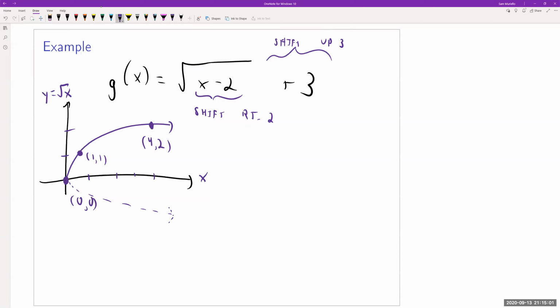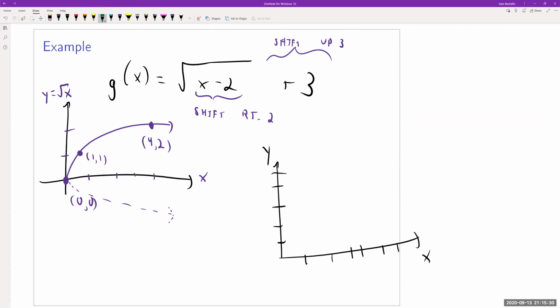Again, the one with x does the opposite of whatever sign we have. The one with y does the same sign, due to the fact that it is on the opposite side of the equation from x. So what that will look like is I will take my function, I will shift it right 2 and up 3. I can simply shift each point.